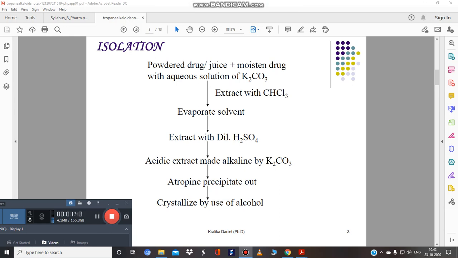Then it was extracted with chloroform. What was happening in this procedure? K2CO3 is basic. Whenever you moisten your alkaloidal drugs with this basic solution, it will free your alkaloid.